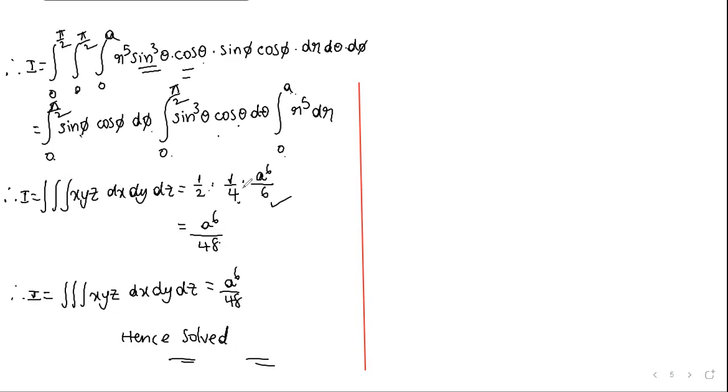You can multiply all these terms: a power 6 by 6, 4 twos are 8, 6 into 8 is 48, a power 6 by 48. Therefore I is equal to the triple integral of xyz dx dy dz is equal to a power 6 by 48. So this is the required solution of the given problem, hence solved.